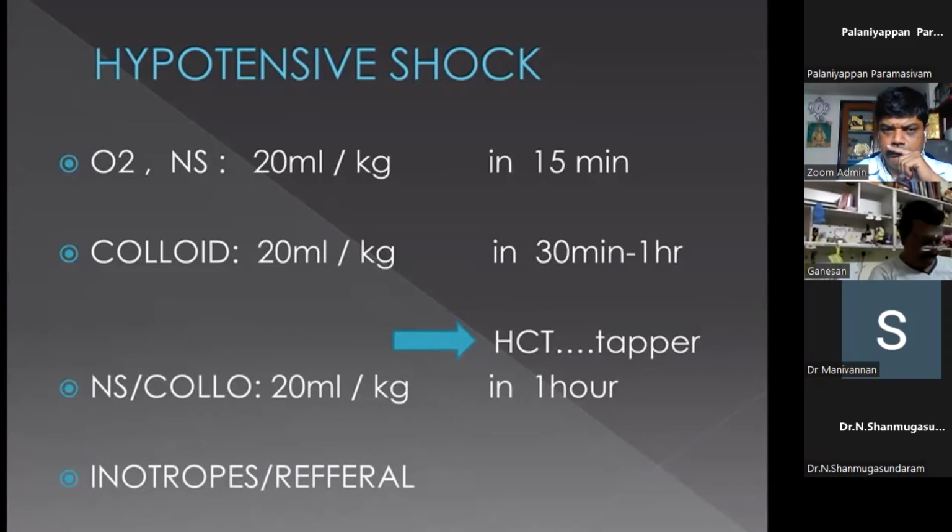Colloids, we have a lot of preparations in the market, gelatin-based or starch-based. They can give you some allergy and anaphylaxis. Better be careful while using these colloids. The second dose of colloid bolus has to be given within 30 minutes to 1 hour. Then check the hematocrit.